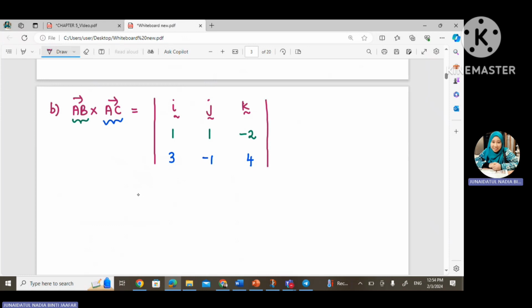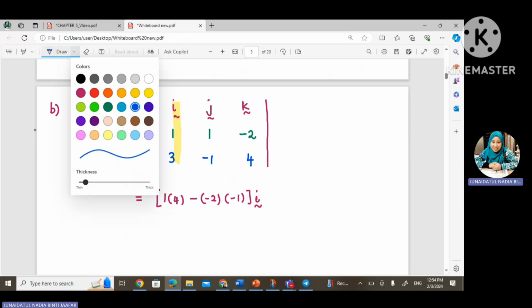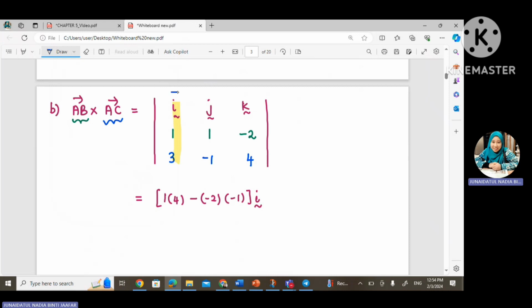For i, we have 1 times 4 minus negative 2 times negative 1. Remember the signs are plus, minus, plus.